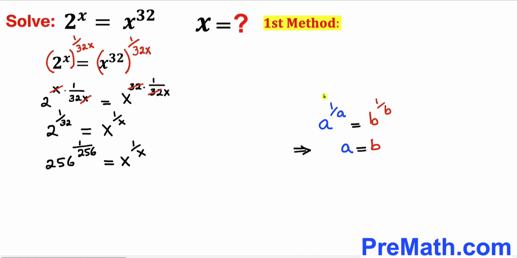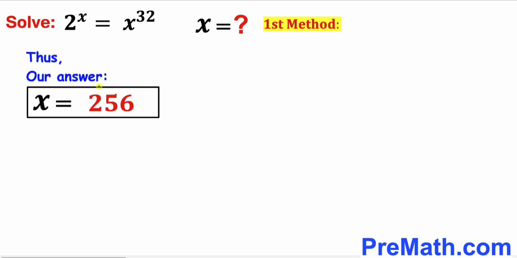If we have a power 1 divided by a equals b power 1 divided by b, then we can write a equals b. And we are going to apply that rule on this given equation. So therefore, we conclude that our x value is going to be equal to 256. So thus our solution x value turns out to be 256 by using the very first method.